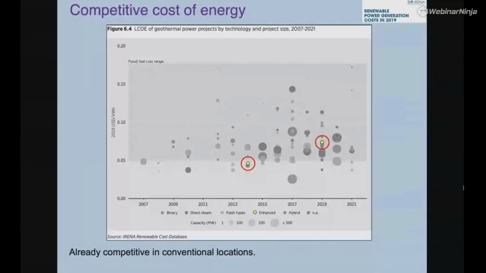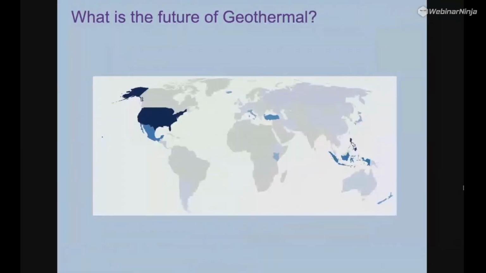There's only two of these dots, so not exactly a large sample size, but two of these dots are from enhanced geothermal systems. From these two examples, they are competitive. So enhanced or advanced geothermal systems can be competitive, but we need more pilot studies, and we need to see more demonstrations of this technology.